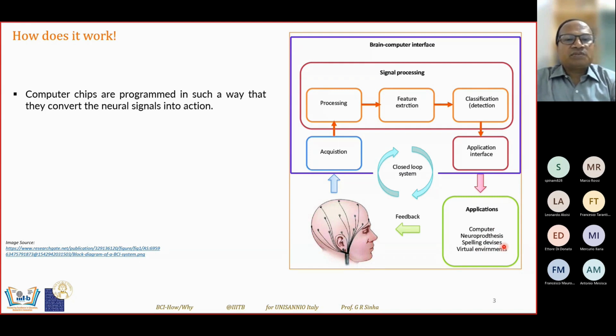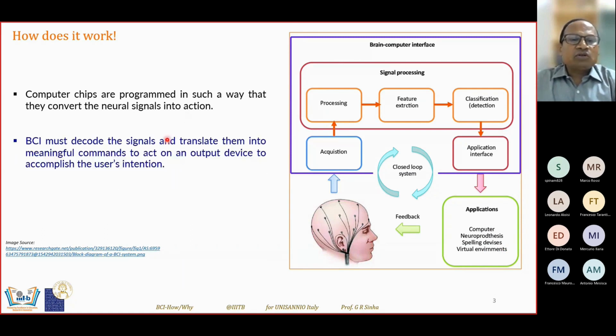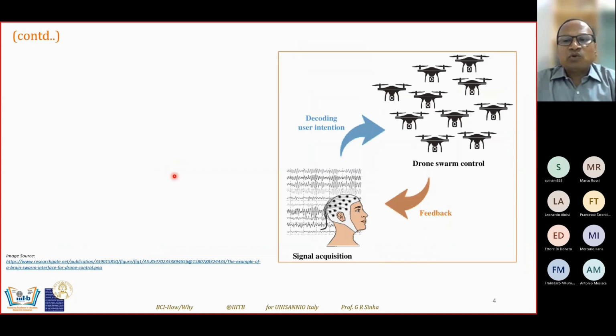So the computer chips are programmed in such a way that it converts neural signals into action, and BCI decodes the signals and translates them into meaningful commands to act on an output device to accomplish the user's intention, what the user wants. If you can see this interesting diagram, there has been enough research going on in the area where the human brain can control a number of tasks.